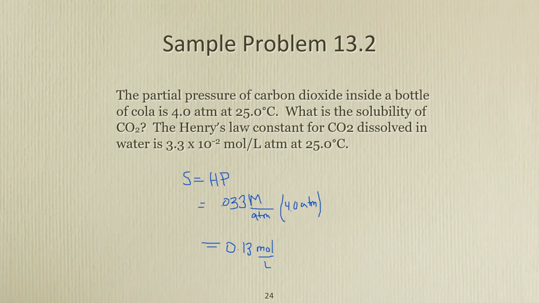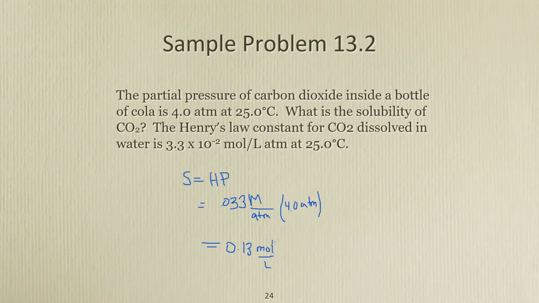And then with it, it doesn't specify units in this question, so we can just keep it exactly as it is. If it wanted it in terms of grams per liter for the solubility, then we would just have to use the molar mass to convert moles to grams. Or if it wanted the volume in something else, we can do the same thing, where we just use a conversion factor. So we just have to make sure that we're paying attention to units.